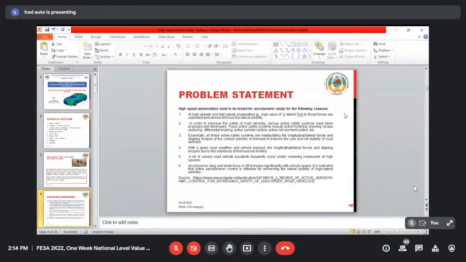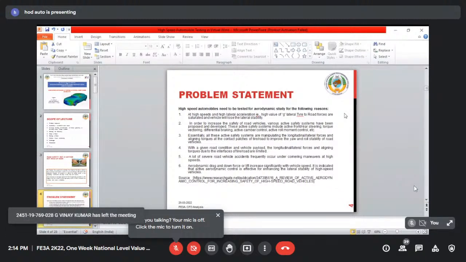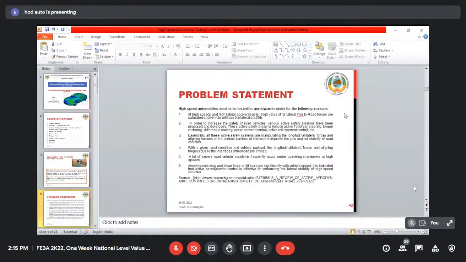It is because of the lift and drag forces, which the fluid is trying to create, that reduce the lateral tire to road contact, because whenever you have a lift, the tires will lose the contact. The moment the tires lose contact, there's no steer, nothing. The lateral stability is gone. You are trying to maneuver across the corner and you cannot do it.